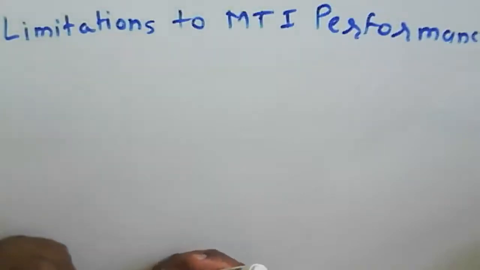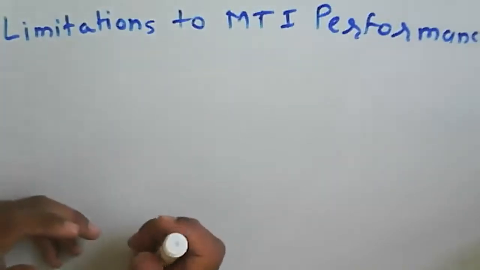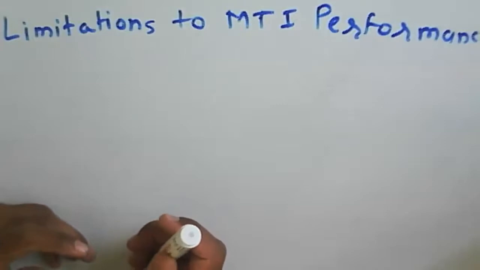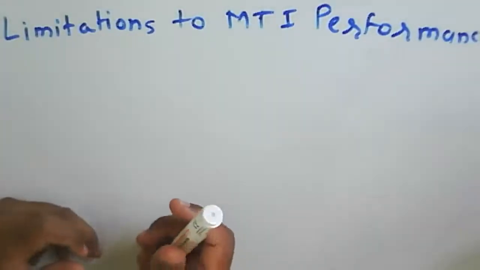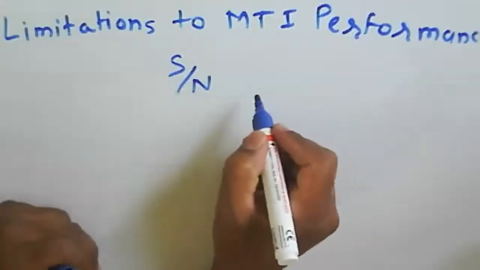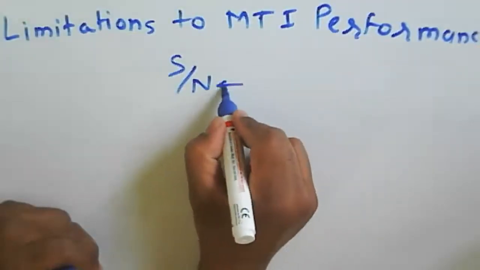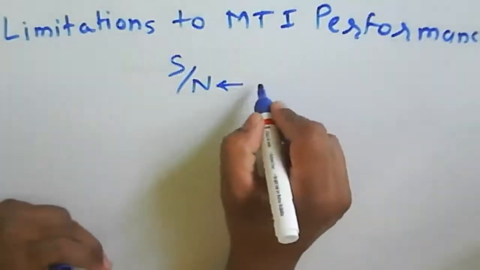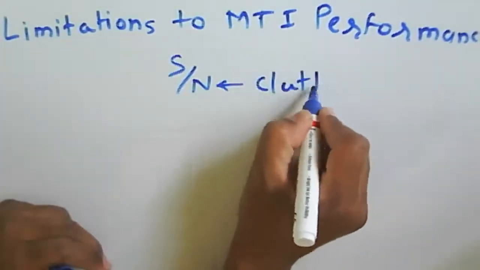So we need to understand what the improvement factor will be, and that improvement factor generally depends upon the signal to noise ratio. But here, in the case of a radar, noise is to be considered as clutter.